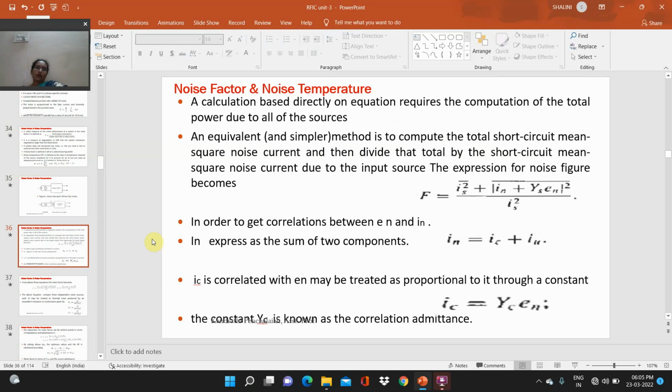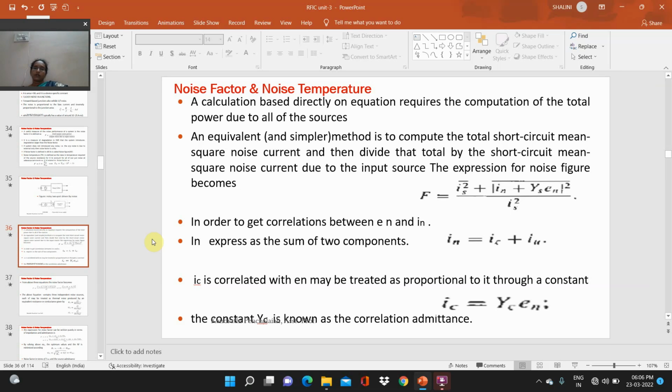A calculation based directly on the equation requires the computation of the total power due to all of the sources. An equivalent method is to compute the total short circuit mean square noise current and then divide the total by the short circuit mean square noise current due to the input source.